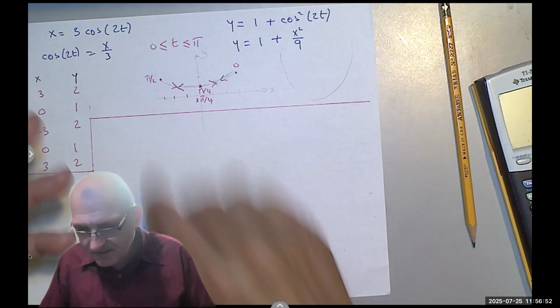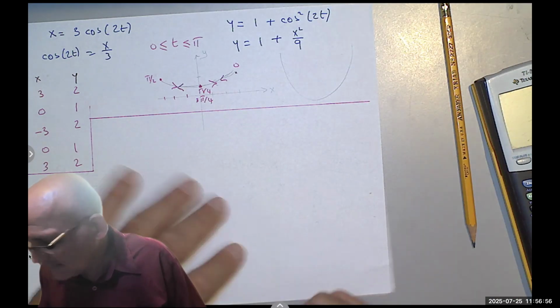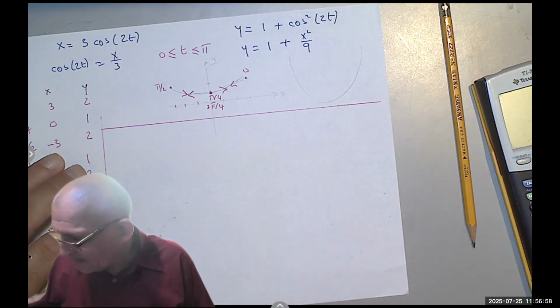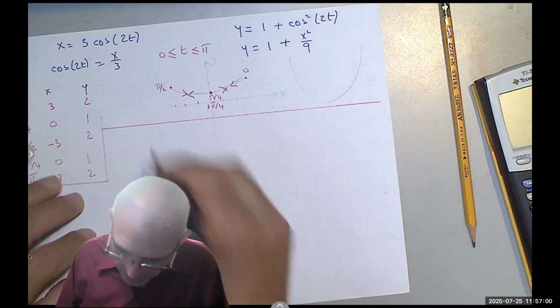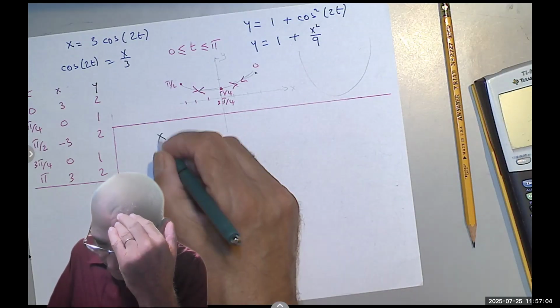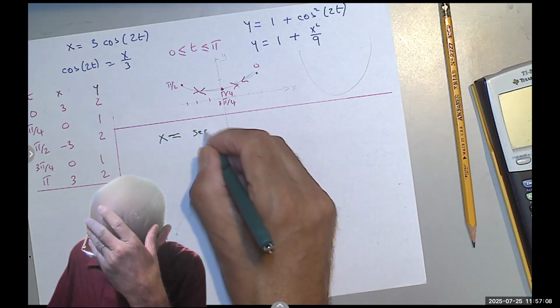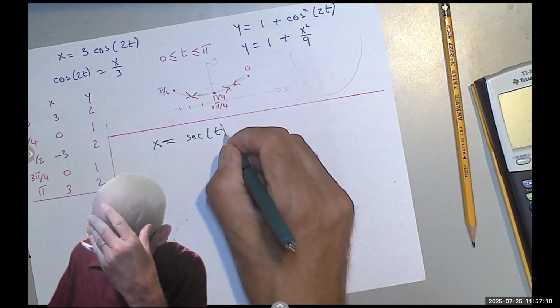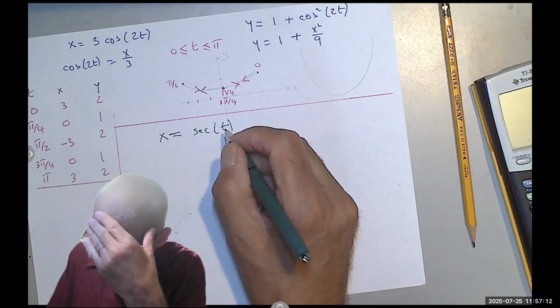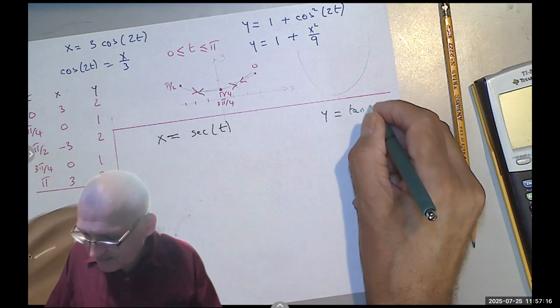It's not hard. You're just going to plot some points and connect them. It's really that simple. So let's say I tell you x is secant t and y is tan t.